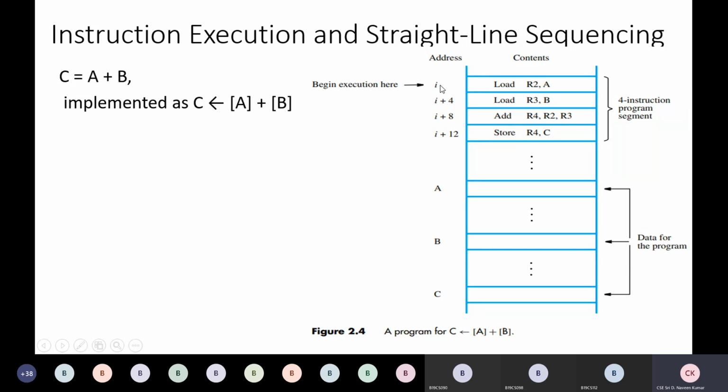So if the address I is 1000, the next address will be 1000 plus 4, 1004. The next instruction will be located at 1000 plus 8, 1008. This one is 1012, where the fourth instruction is stored. So you can see this is a word length of 32 bits or 4 bytes.